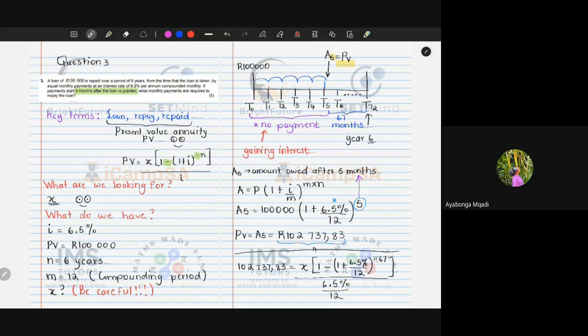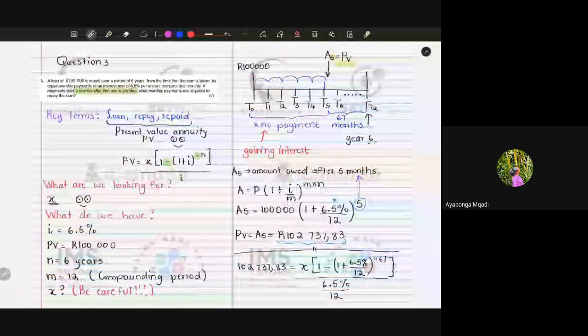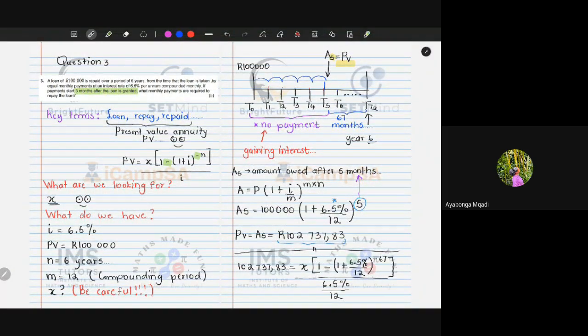So we're owing the bank money. We had to pay for 72 months, and we started paying after 5 months. So we had to calculate the amount of money we started owing after 5 months. So in order to get that money, we use the compound period formula, and then we get our present value, which is 102,737.83.